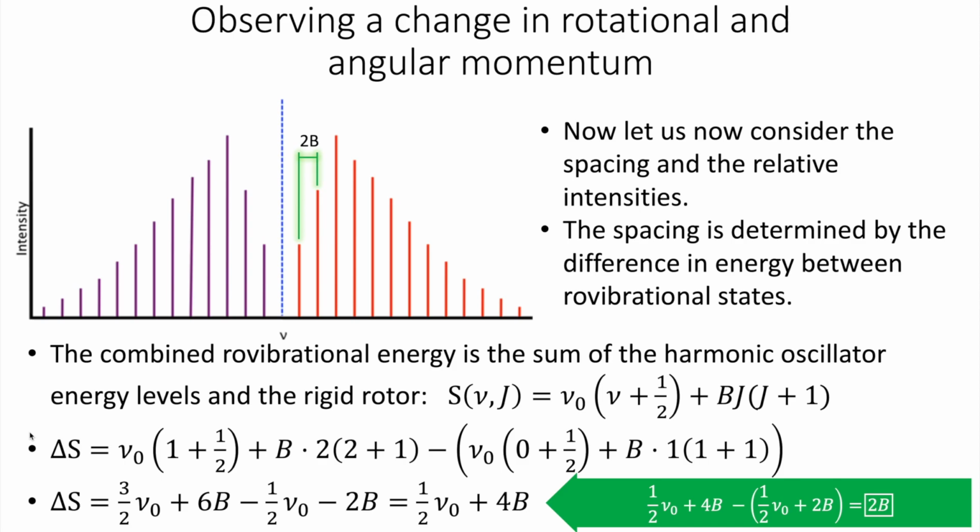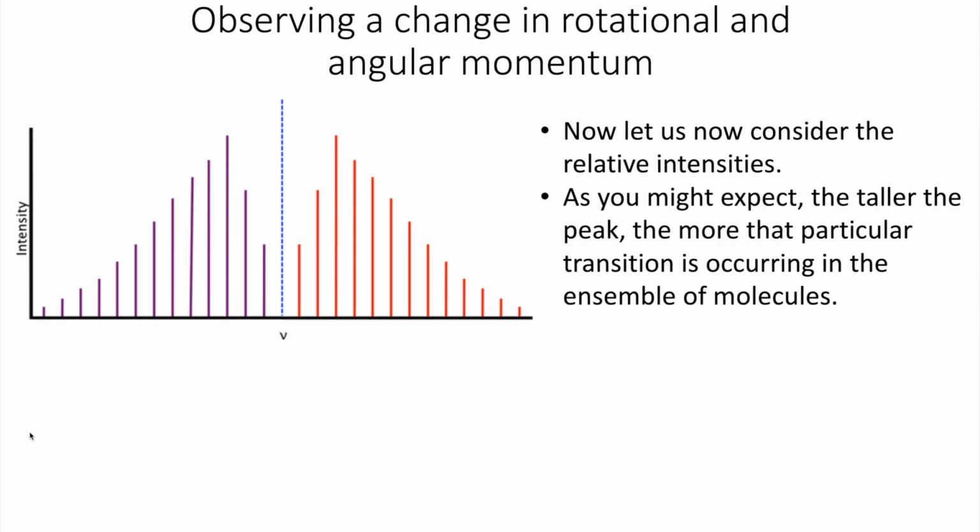So it's basically a spring connecting two masses, but assuming that the spring behaves as a harmonic oscillator. And another thing worth pointing out here: notice that the total energy, that function S, has two separate terms. You have your vibrational term and your rotational term. Notice how they're not affecting each other, right? They're totally separate. Our model system here does not include any interaction between these two terms. So that explains the spacing.